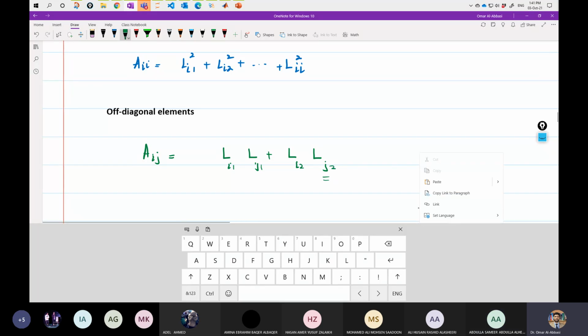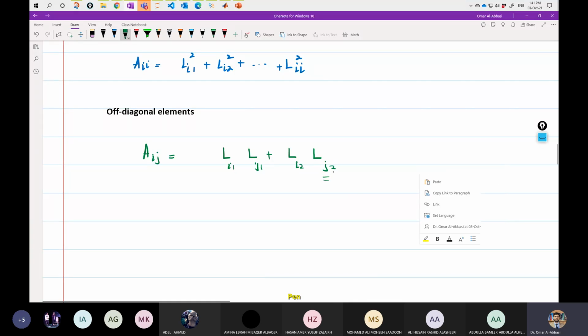Then you stop. So how can I express that mathematically? I'll put a free index, they call it free index, k and k, and I will do the summation, since this is a summation, for k equal to 1 all the way to j.